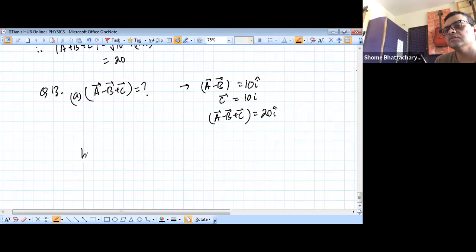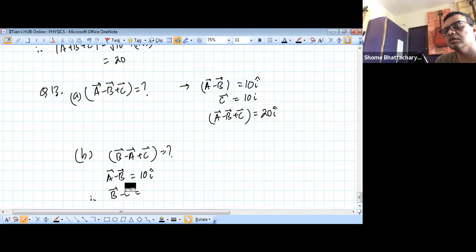Then similarly, you look at B minus E plus C. Look at this. You can see that E minus B is 10 i cap. Therefore, B minus E is minus 10 i cap.